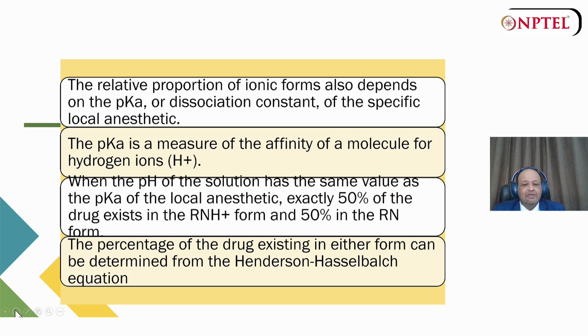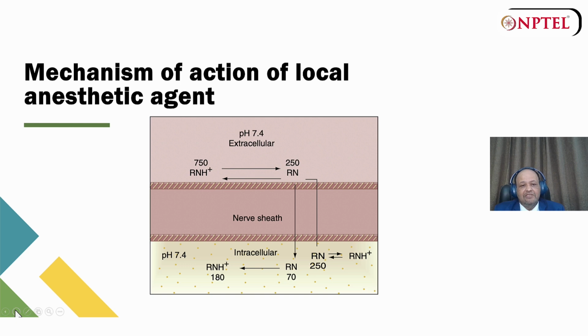When the pH of the solution has the same value as the dissociation constant of the local anesthetic, exactly 50% of the drug exists in the RNH form and 50% in the RN form. The percentage of the drug existing in either form can be determined from the Henderson-Hasselbalch equation. Now what we are going to see next is an image of how this happens.